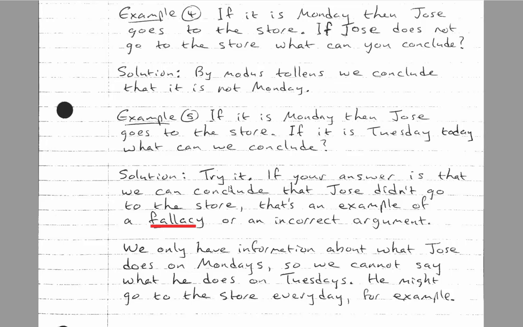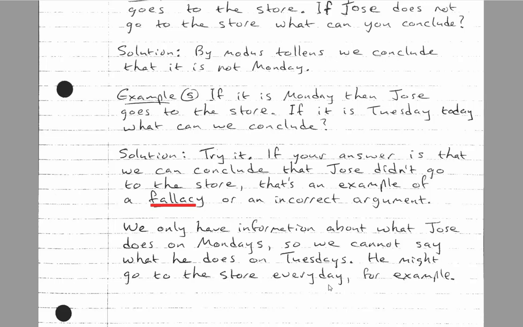Yeah, so if your answer is that we can conclude that Jose didn't go to the store, that's an example of a fallacy or an incorrect argument. We can't. If all we know is that Jose goes to the store on Monday, we don't have any information about what he does on Tuesdays.